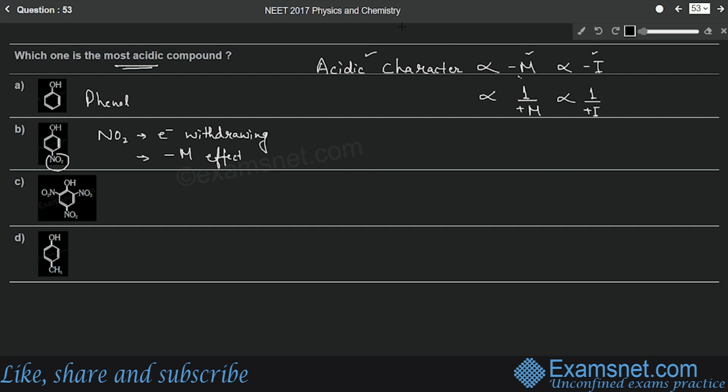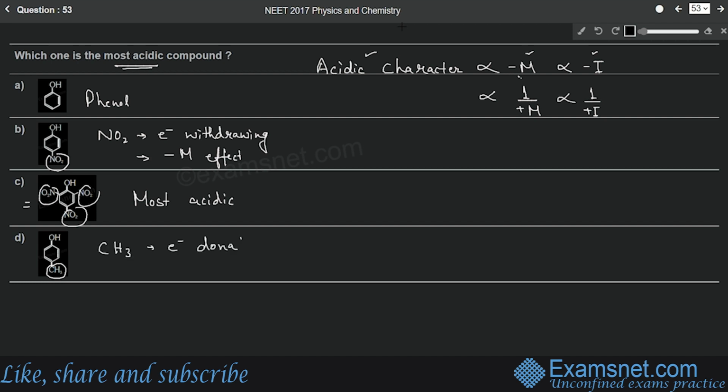Okay. Now if we look at the third option, here we have three NO2 groups and we know that NO2 is electron withdrawing and it will show minus M effect. So there are three NO2 that are showing minus M effect. So it will be definitely more acidic than the second one. Okay. So out of the three, it will be most acidic. If we talk about the last one, here we have a methyl group CH3 and CH3 is an electron donating group.